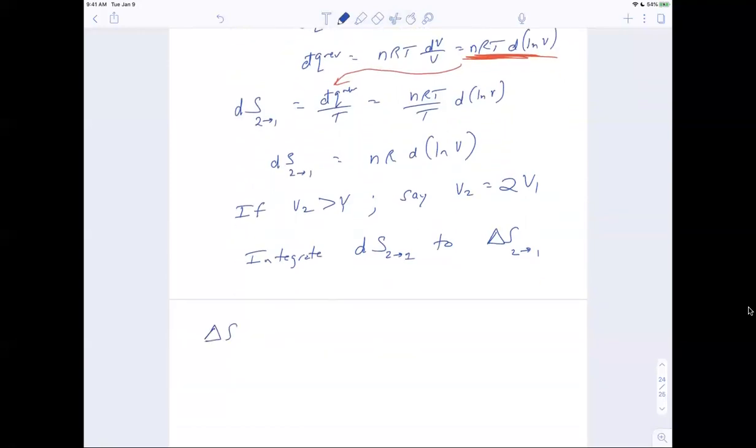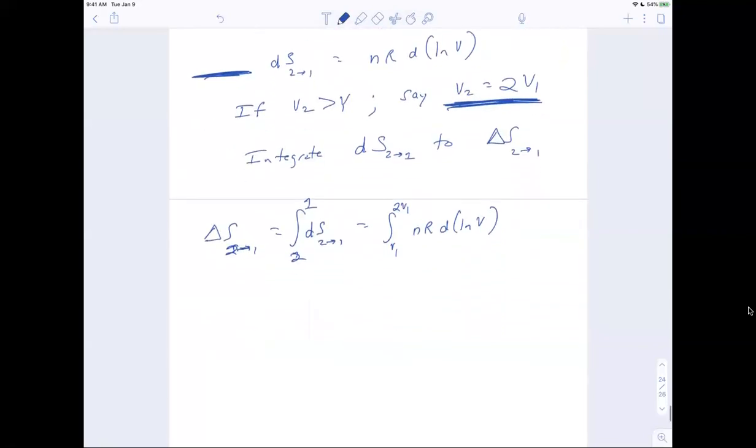So delta S to go from 2 to 1 is equal to the integral of dS to go from 2 to 1. And we're going from equilibrium state 2 here to equilibrium state 1. But dS we just found is this guy. So that's just the integral of nR d natural log V. And our initial state is going to be V1, and our final state is going to be 2V1, because we said we're going to go from initial volume V1 to final volume V2.